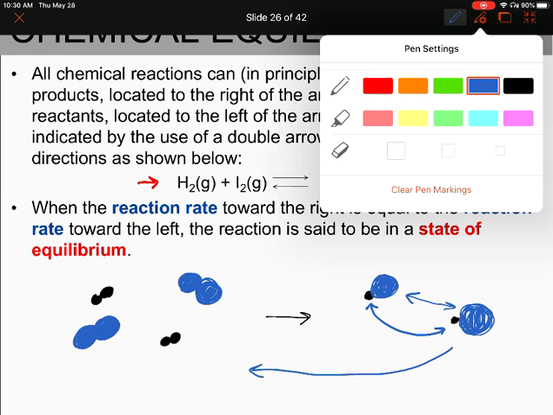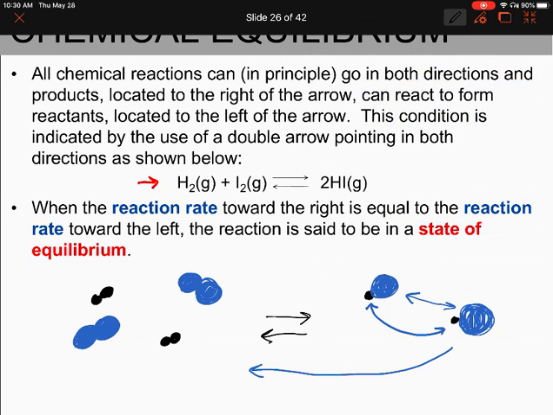So this reaction can actually go back and forth. And most reactions can. It just depends on how much energy you have to input. So sometimes a reaction might typically just go in the forward direction, but if we put in enough energy, we can force the reaction to go back the other way.